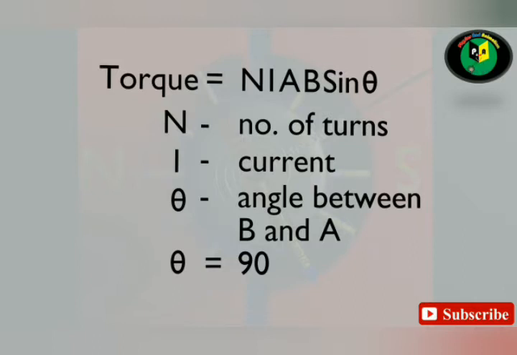This makes the deflection directly proportional to the current, because N, A and B were already constant and now theta also becomes constant. Now current I is the only variable, which makes it easy to calibrate the instrument for measuring purposes.